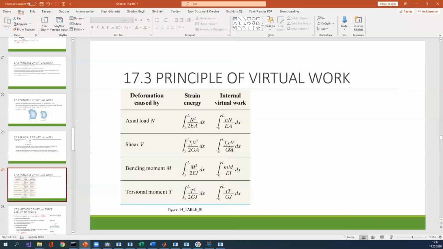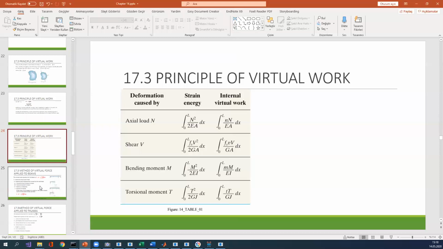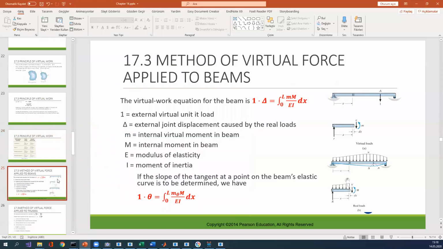Also in shear force, we have a small v. This comes from the shear force obtained from the virtual loading. Also we have a bending moment, small m, also obtained from the virtual loading. So in our system, if the displacement is needed, we put a unit force. If the rotation is needed, we put a unit moment at this location.